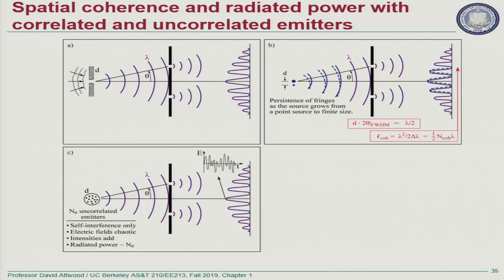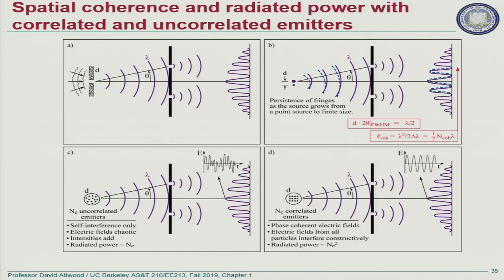Right, and then there's a big difference between uncorrelated and correlated emitters. If we have uncorrelated emitters here, they can still be spatially and temporally coherent with each other. So you can see interference fringes, but it's self-interference. The electric field over time, if you just look at this one point, is varying randomly, but as a time average, they can still form interference fringes.